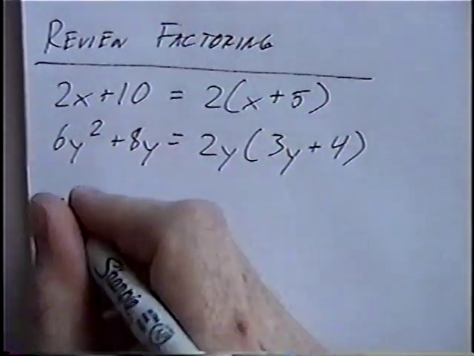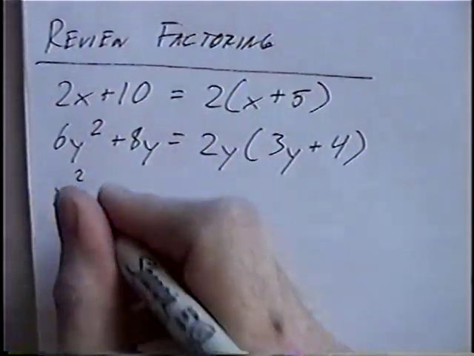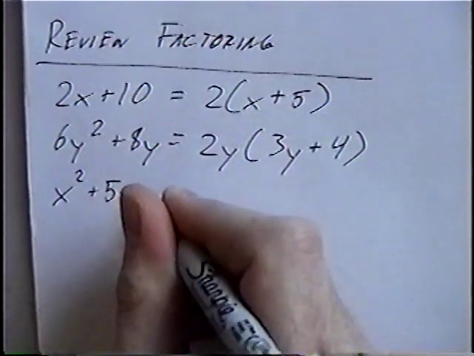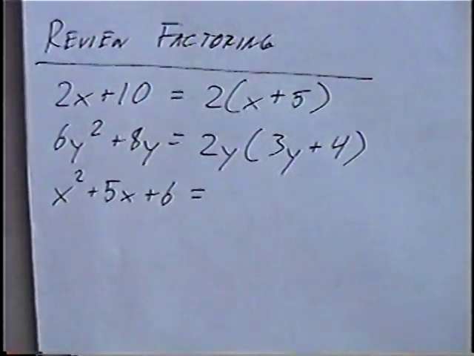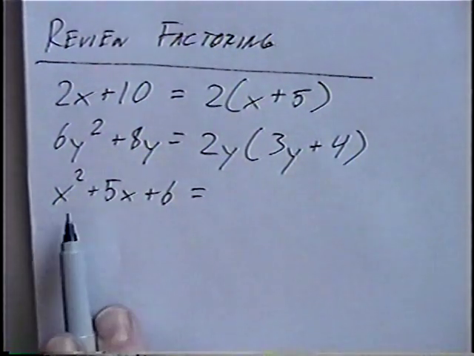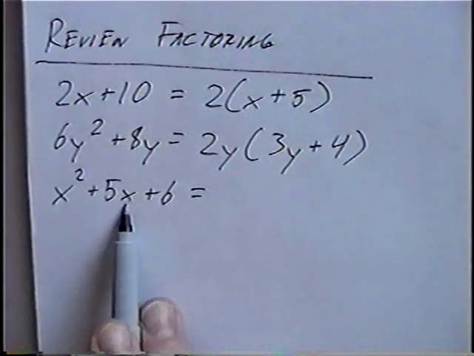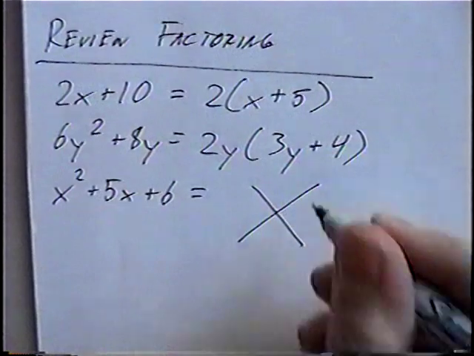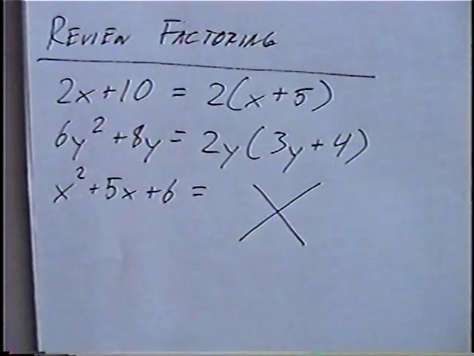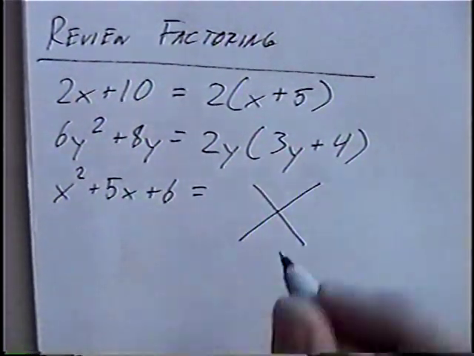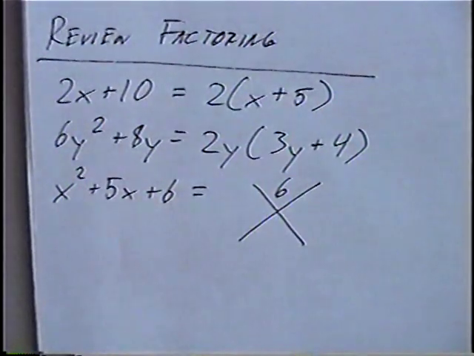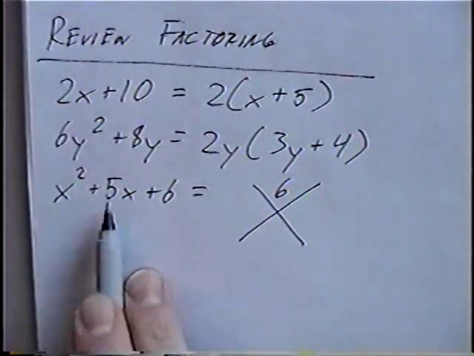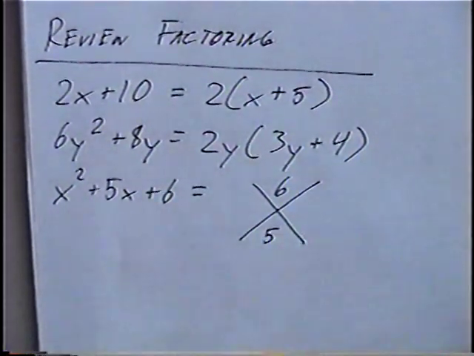Last question for review is x squared plus 5x plus 6. When we have a trinomial with a variable squared, the same variable, and a number, this one we can factor by drawing the x or the diamond. Last number 6 goes on top of the x. The middle number 5 goes on bottom of the x.